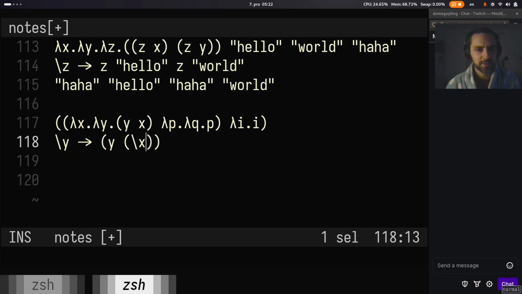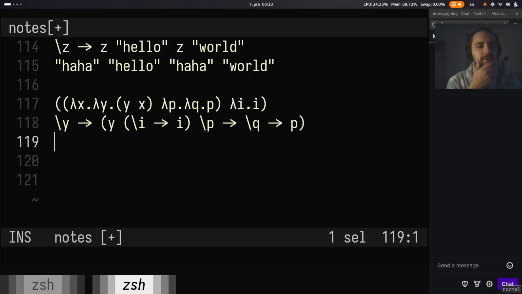lambda I dot I, and then lambda p dot lambda q dot p. Yeah, and now what do we have?